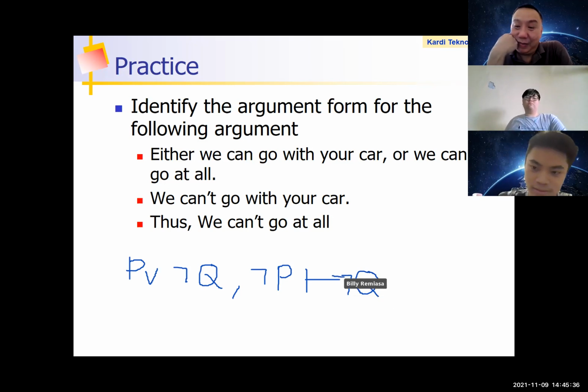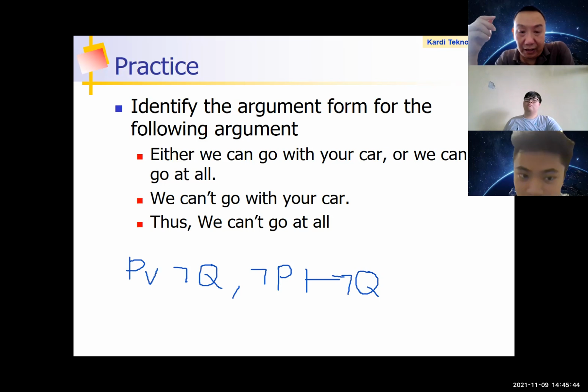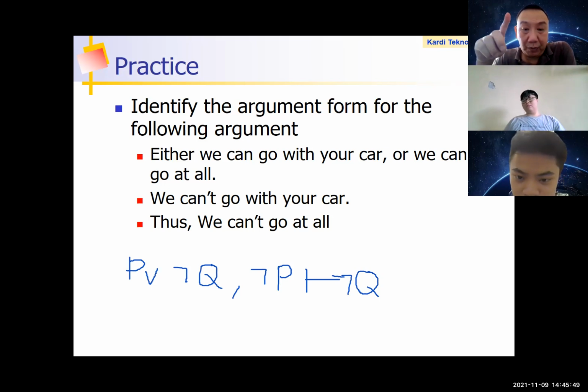Because now, if you have this, this is actually the same as earlier, okay? A previous practice. You just put the R equal to not Q, then exactly the same as previous argument.